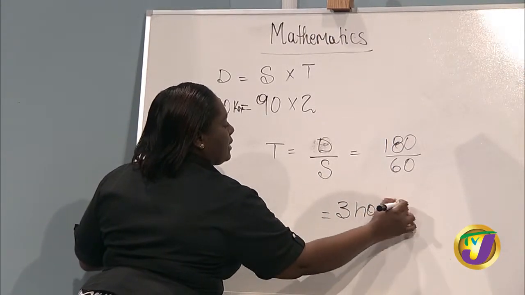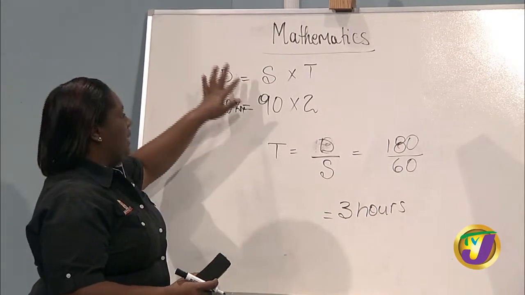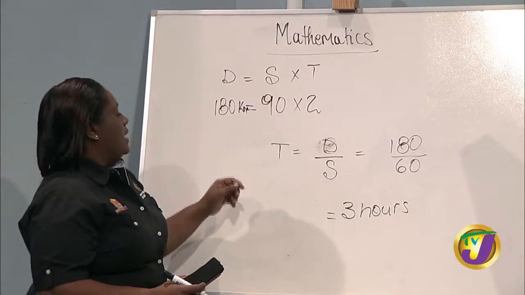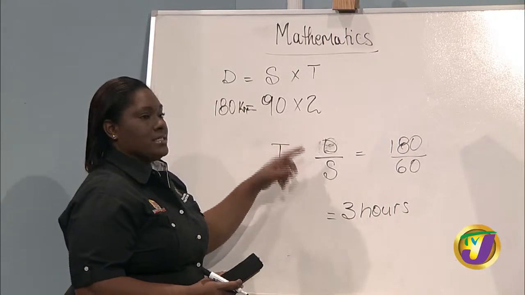So it will take us 3 hours. In order to find the distance, we multiplied the speed times the time. And in order to find the time, we're now dividing the distance by the speed.